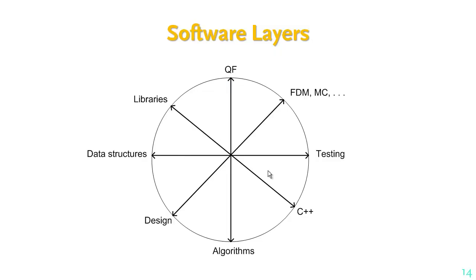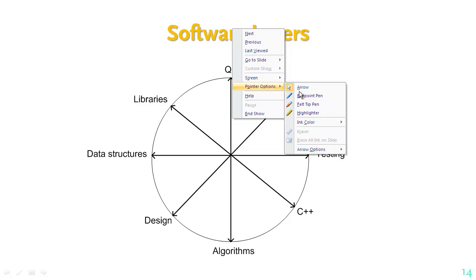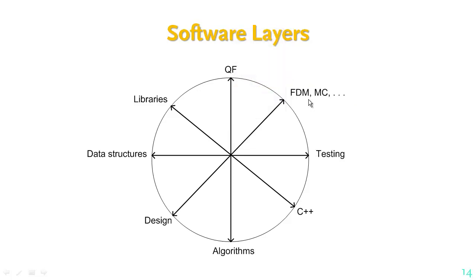So here, to summarize my different layers and what I'm talking about, we talk about the quantitative finance applications. Then you go to, well, it's not sequential, finite difference methods. These are solutions. We go to design of the problem. We need data structures as well. We need libraries.